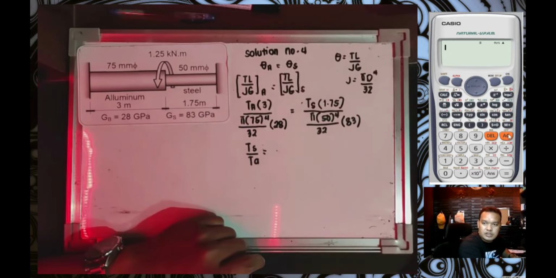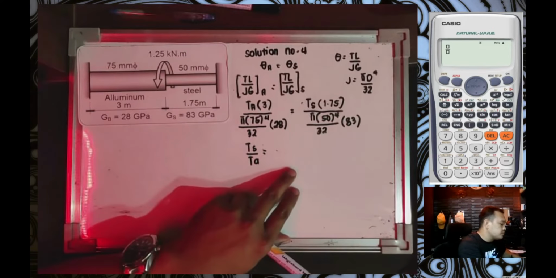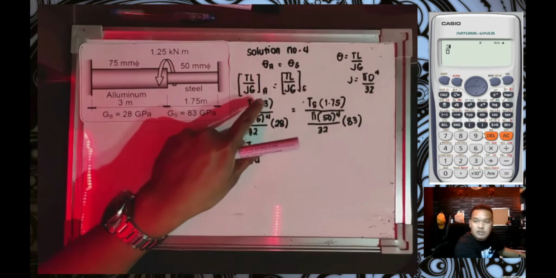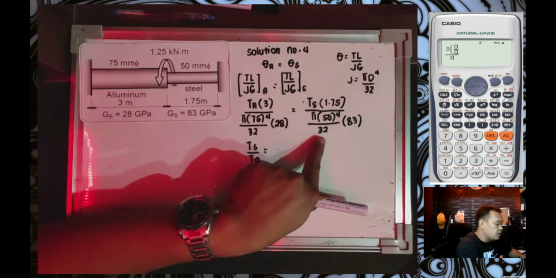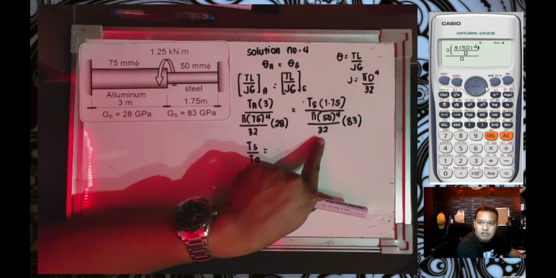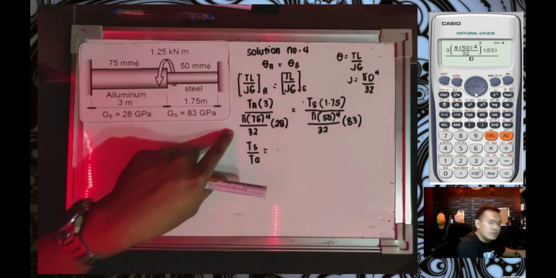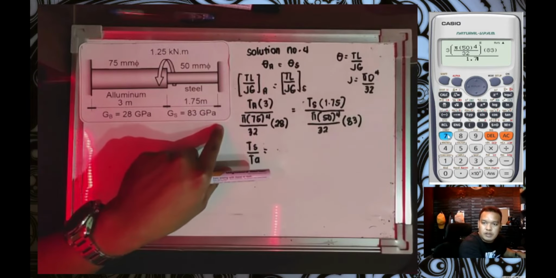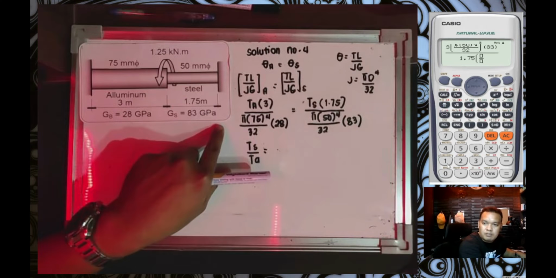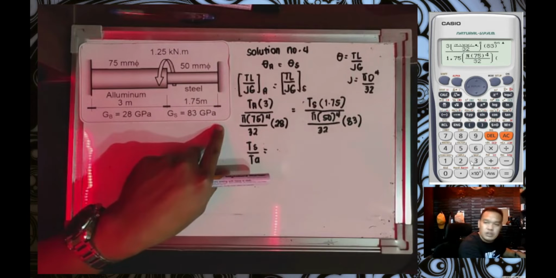We have here 3 multiplied by nito, polar moment of inertia, which is pi times 50 raised to 4 over 32 times 83, divided by ito naman, tapos itong 1.75 multiplied by nitong pi times 75 raised to the 4th all over 32 multiplied by 28.